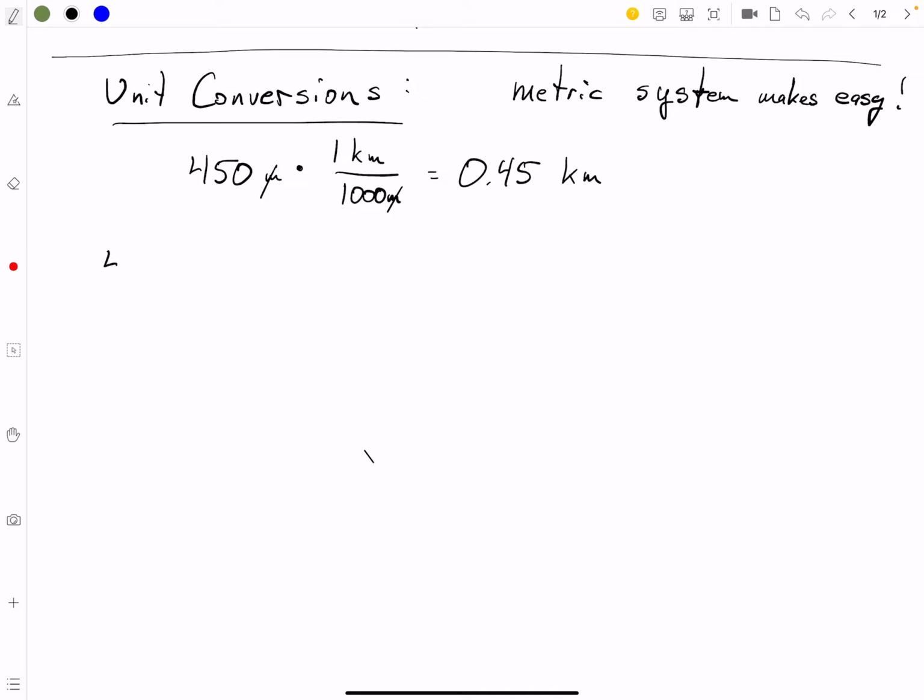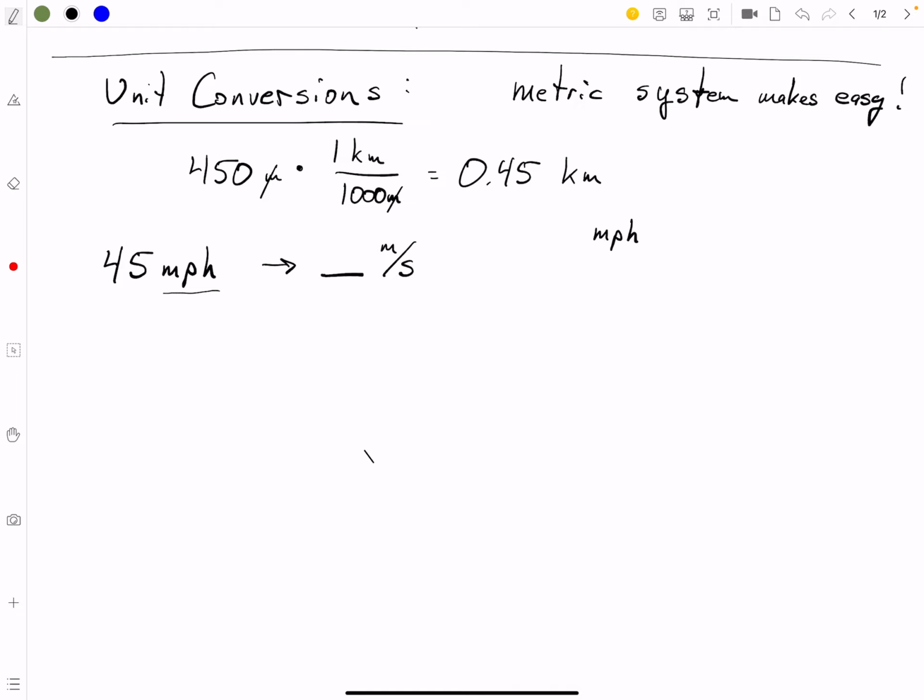So let's do 45 miles per hour. We're going to convert that. We want some blank meters per second. Okay, so this is our example. Miles per hour. First of all, let's deal with that.